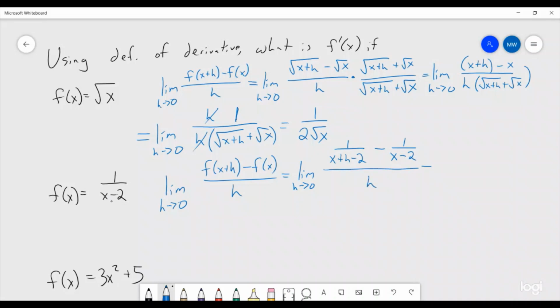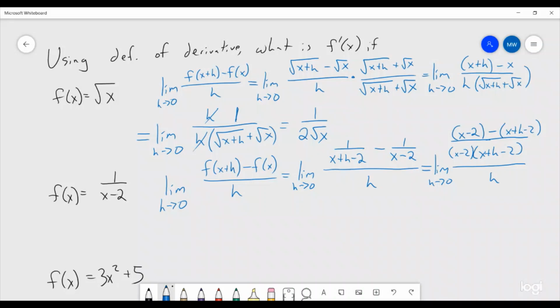Okay, at this top, let's combine those into a single fraction. So that becomes the limit as h goes to 0, stuff over h. Getting a common denominator gives us x minus 2 over x minus 2, x plus h minus 2. So we have that, and we have minus the x plus h minus 2.